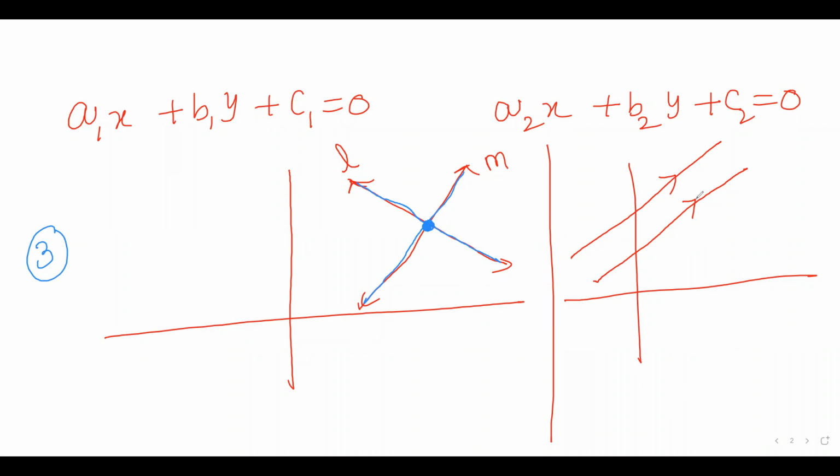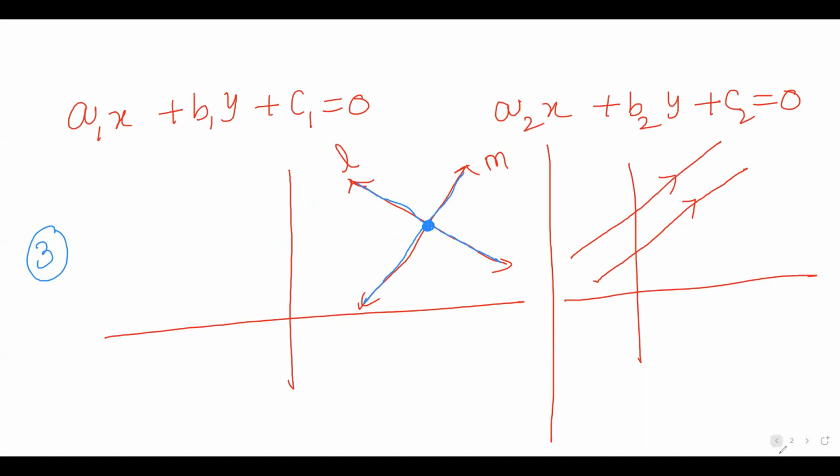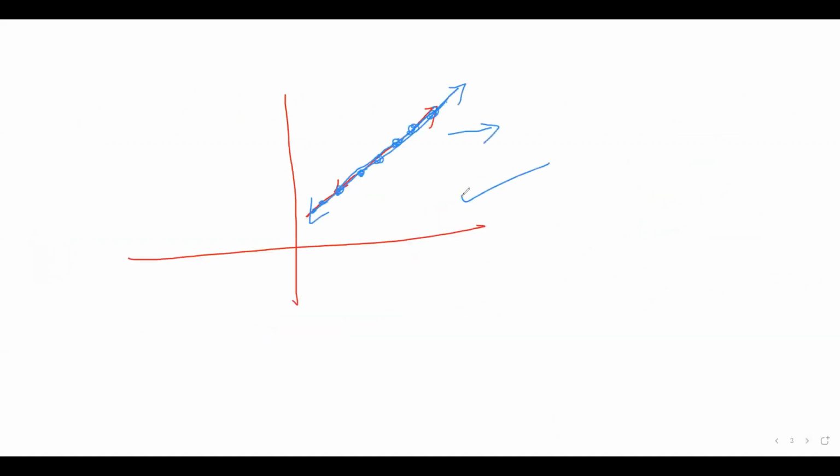Parallel lines will not meet each other, so no intersection. And they may intersect at infinitely many points. Those two lines may fall one on another, both passing through same points, and these types of lines are called coincident lines. Intersecting lines, parallel lines, coincident lines.